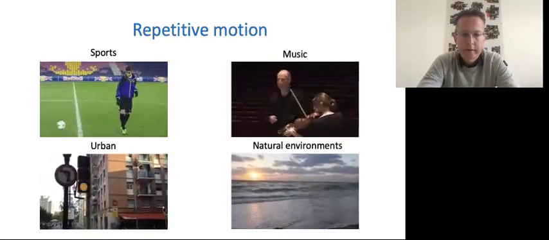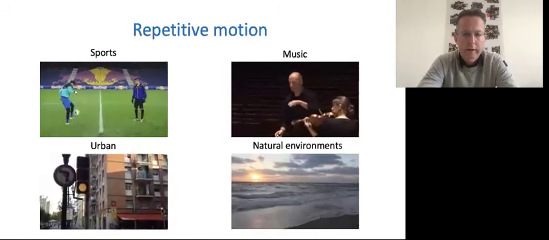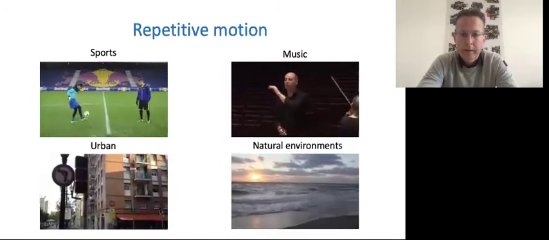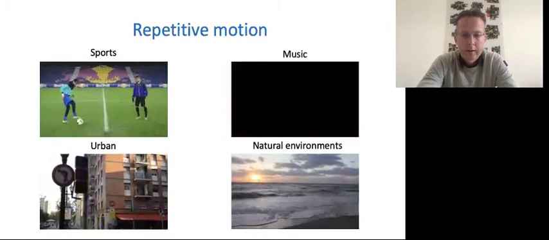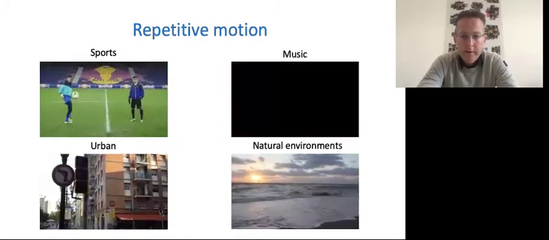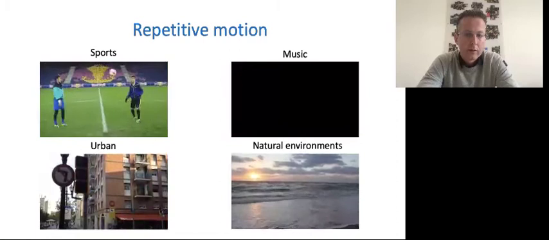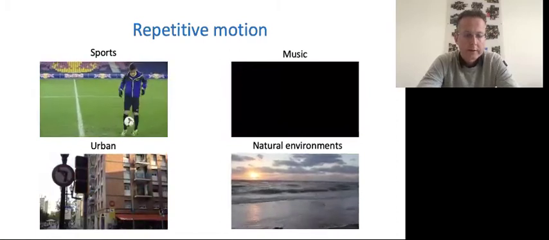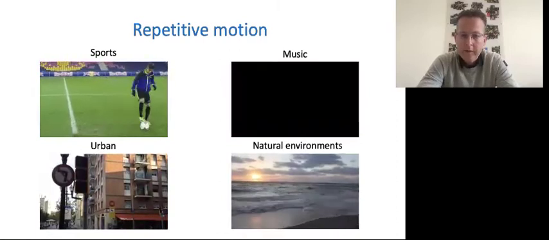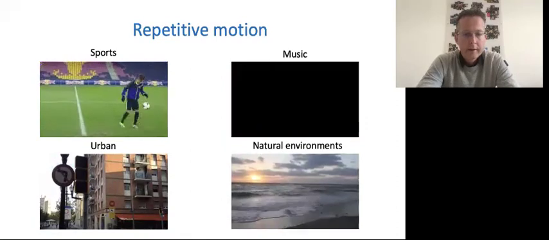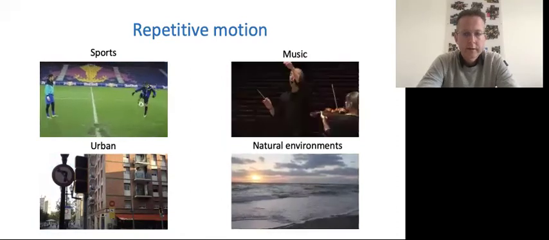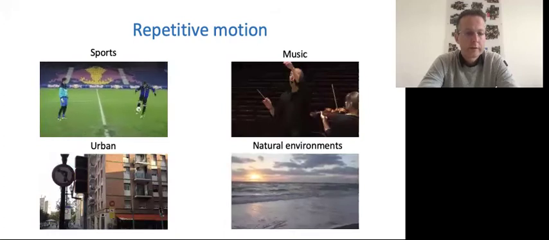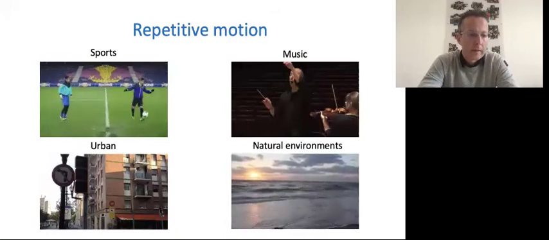It appears in human activity like sports and cooking, but also animal behavior like a bee's waggle dance, natural phenomena like leaves in the wind, and also in urban environments like flashing traffic lights. And estimating such visual repetitions from realistic video is really challenging.